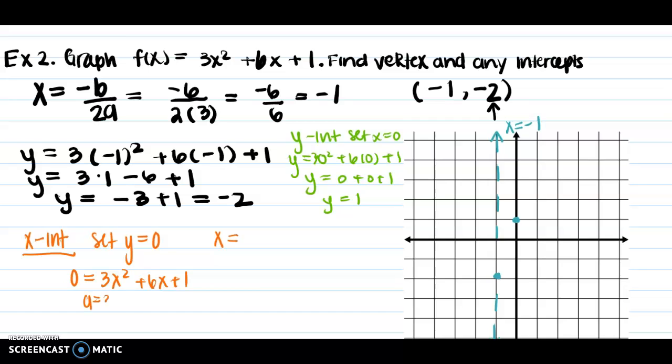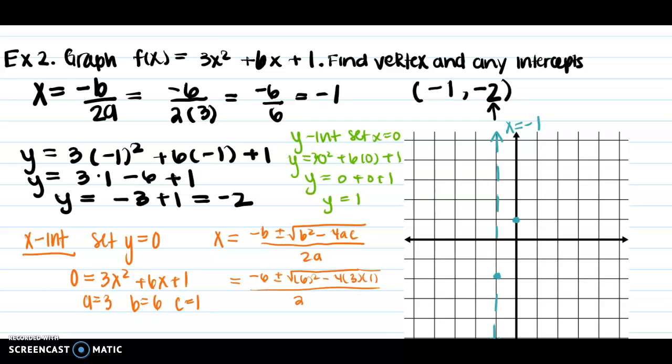So a is equal to 3, b is equal to 6, and c is equal to 1. So the quadratic formula is negative b plus or minus the square root of b squared minus 4ac, all over 2a. So this is going to be negative 6 plus or minus the square root of 6 squared minus 4 times 3 times 1, all over 2 times 3.